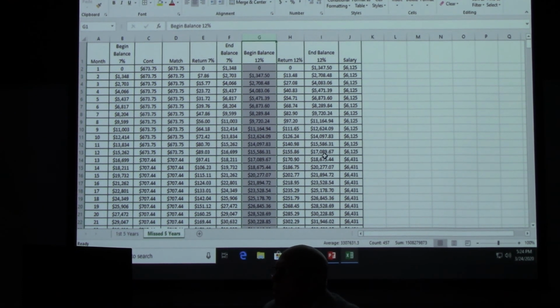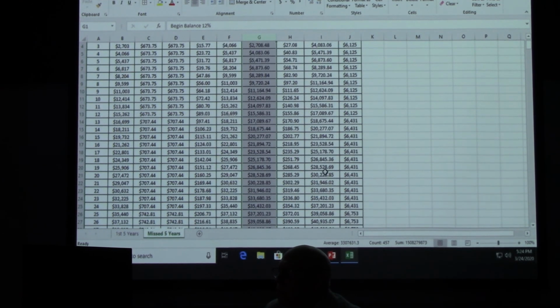Okay. But that'll add up. Let's see, there's our ending balance. Yeah, so the ending balance difference is $500 at the end of the first year. At the end of the second year, it's $1,500. I'm looking at this ending balance versus this ending balance.